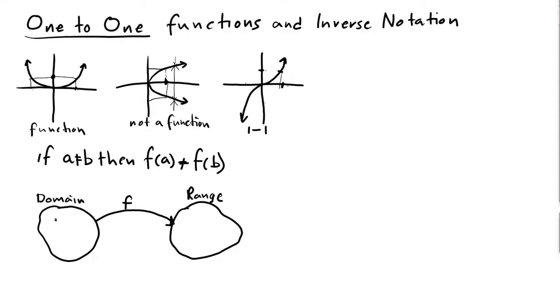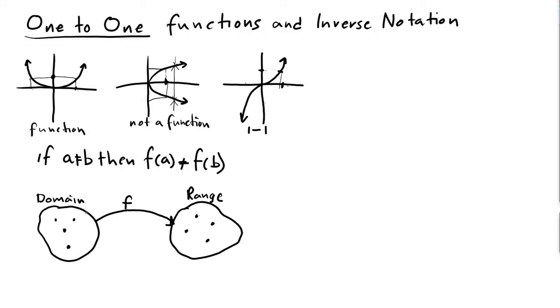The idea with the function is I have a bunch of points. Let's do four of them. I've got a bunch of points over here, and another bunch of points over here, and f is my way of associating every point on this side with a point on this side. Now for this to be a function, let me change colors, how about green?